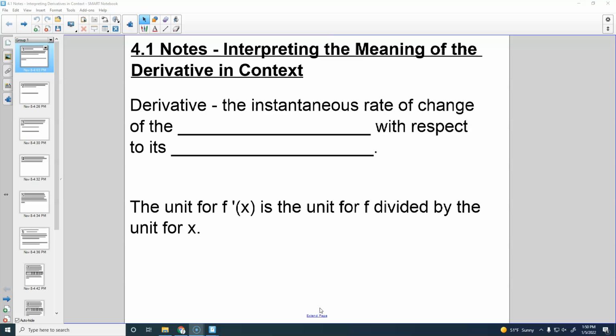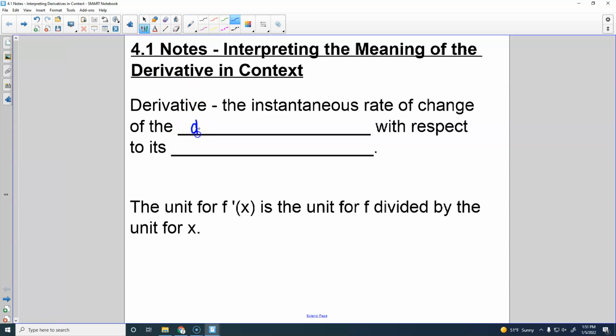The derivative is the instantaneous rate of change of the dependent variable, and the dependent variable is your y, with respect to its independent variable, which is your x.